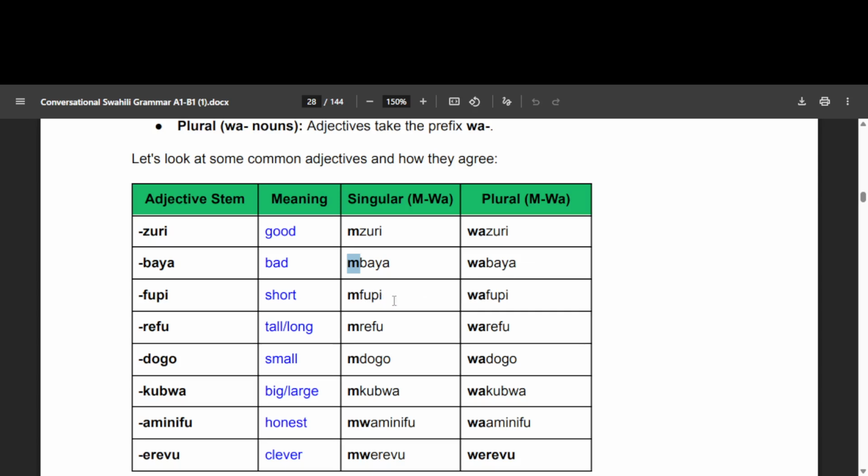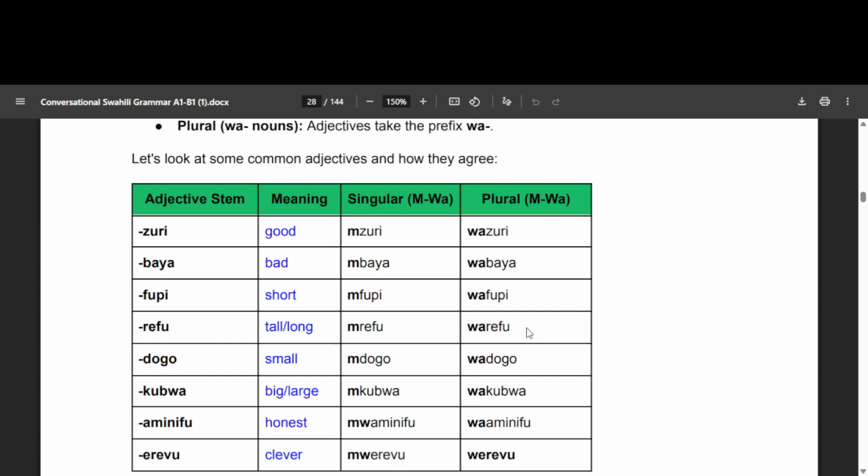Mfupi, wafupi. I noticed most of my friends have a problem with pronouncing the letter M if it doesn't have a vowel. They tend to add a vowel. Like here, they say mafupi, but it's just mfupi. Wafupi, short. Mrefu, long or tall.